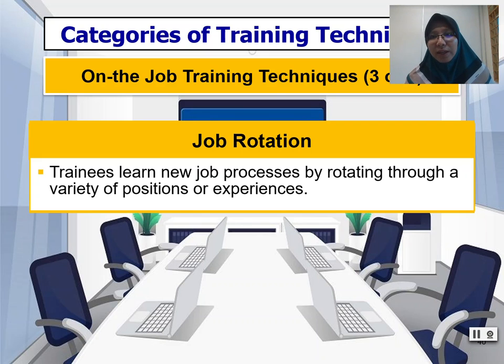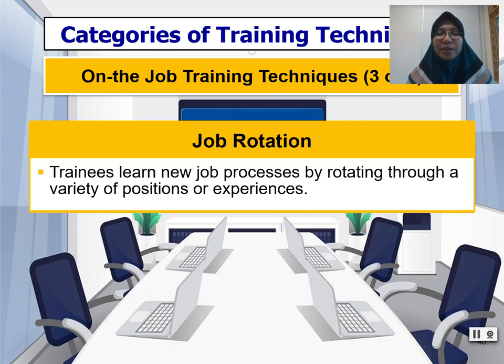They go to another department, which is maybe the HEP or maybe the administrative. So there is job rotation to make sure the employee or the clerical staff is multitasking. Okay, so this is what we call job rotation.